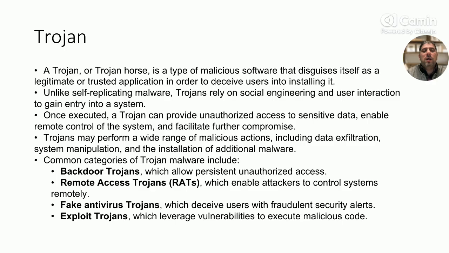Once executed, a Trojan can provide unauthorized access to sensitive data, enable remote control of the system, and facilitate further compromise. It may perform a wide range of malicious actions, including data exfiltration, system manipulation, and the installation of additional malware.